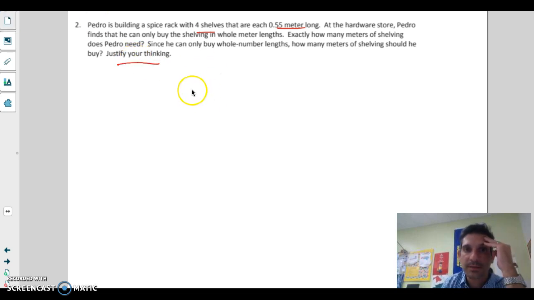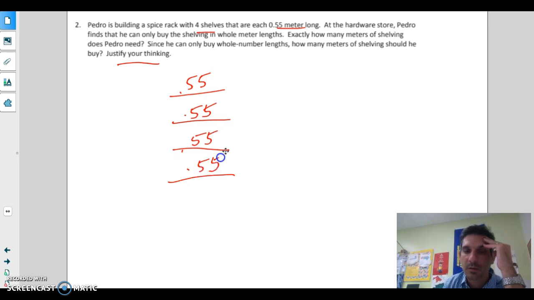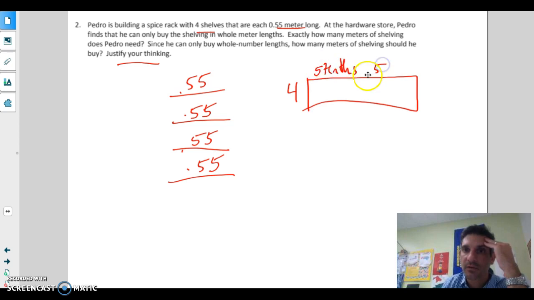So basically I need 4 shelves. 1, 2, 3, 4, and they're all 55 hundredths meters long. So I'm not going to add this. Don't add it. Multiply it. So let's do that area model. So I got 5 tenths. I got 5 hundredths.